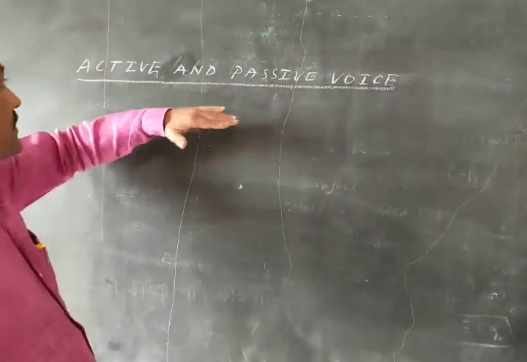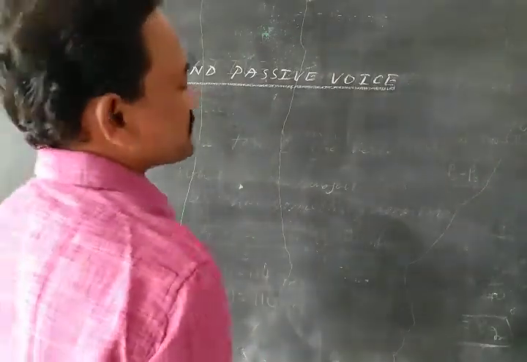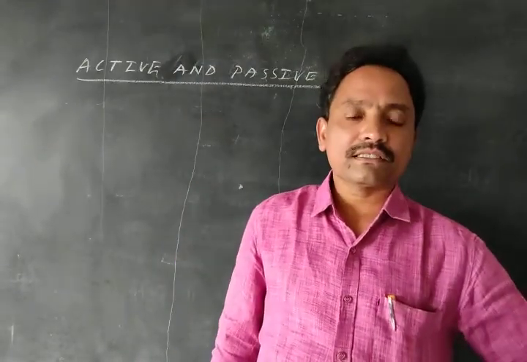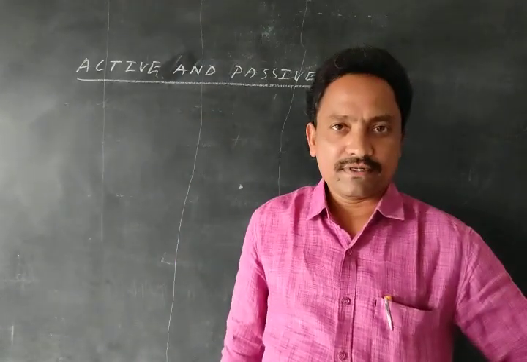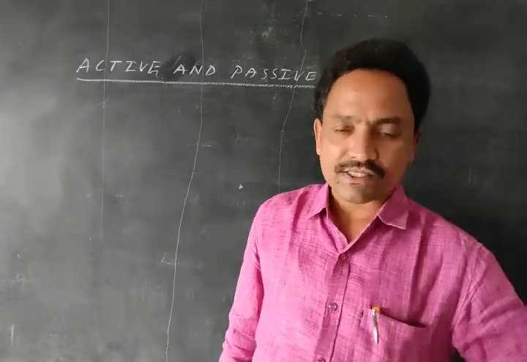Then we have learned the definition of voice. Now, kinds of voice. Voice can be divided into two types. One is active voice and the second one is passive voice.